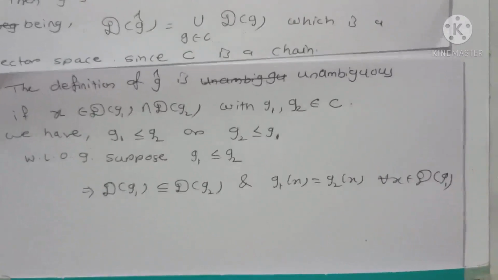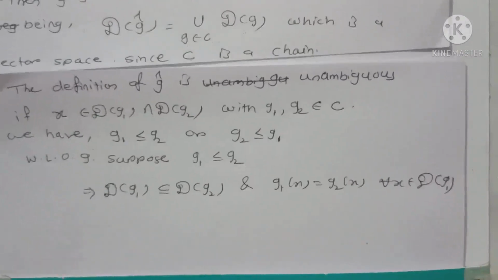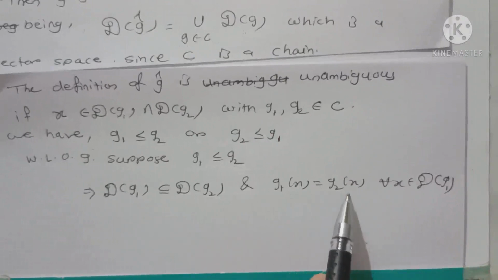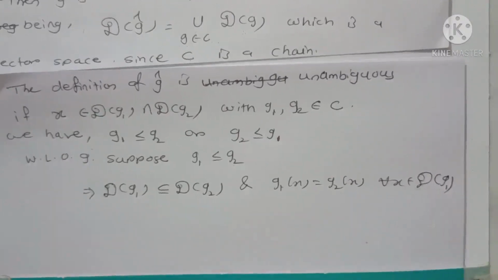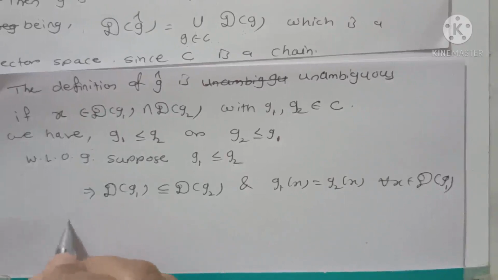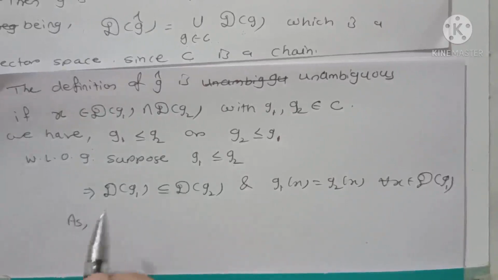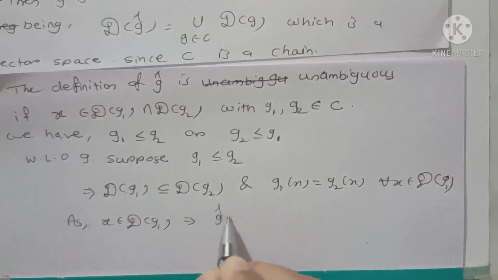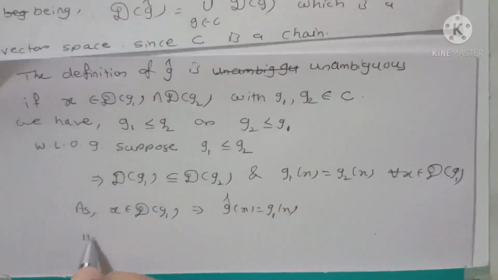And then in this case we have g1 of x equals g2 of x for all x belongs to the domain of g1. And as x belongs to the domain of g1, this implies that g cap of x equals g1 of x.